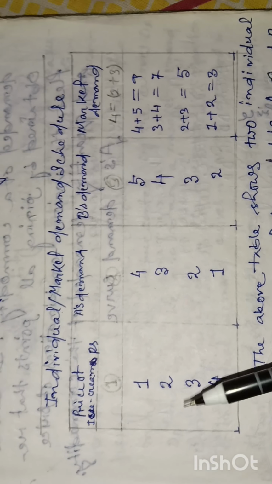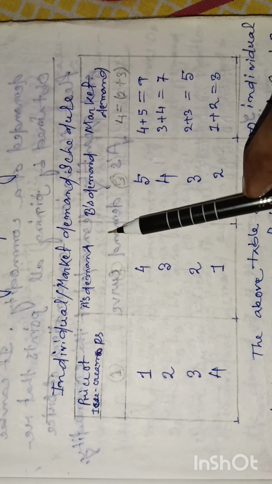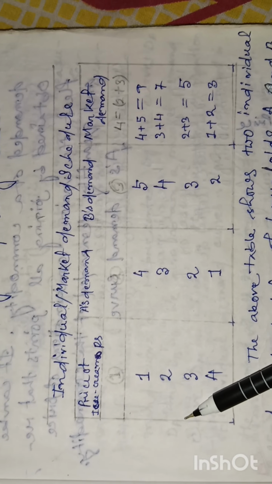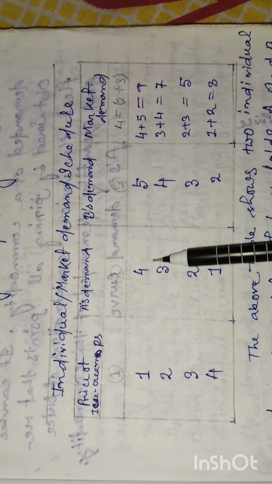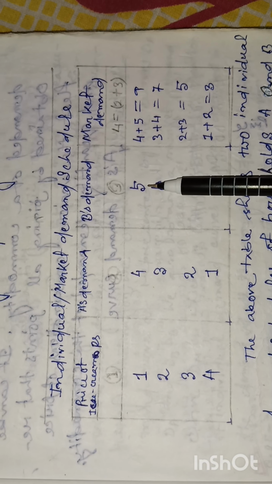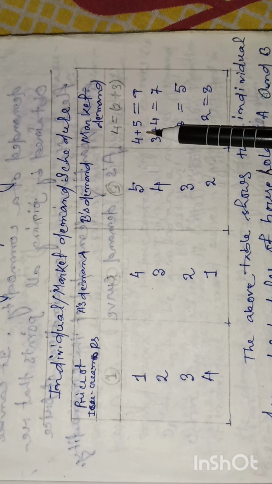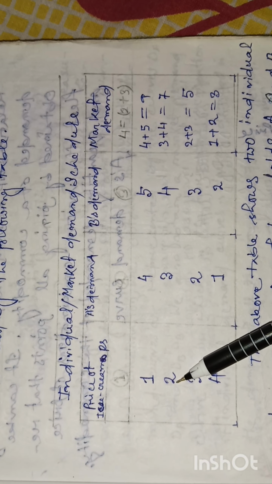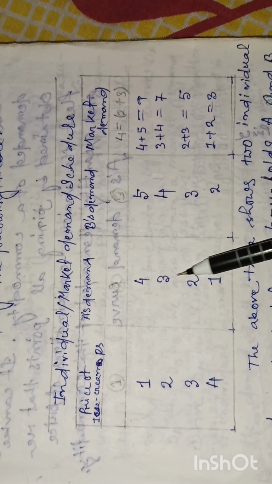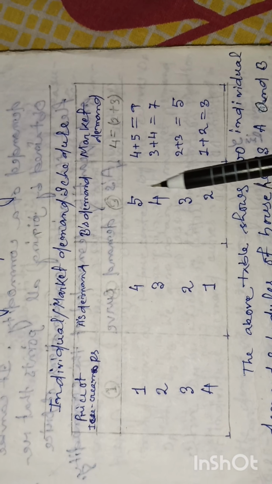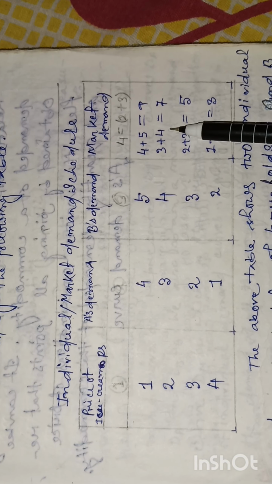Price of ice cream, A's demand, B's demand, market demand. At price 1, A's demand 4, B's demand 5, total demand 9. At price 2, A's demand 3, B's demand 4, 3 plus 4 together 7.